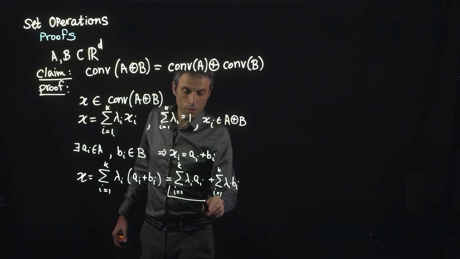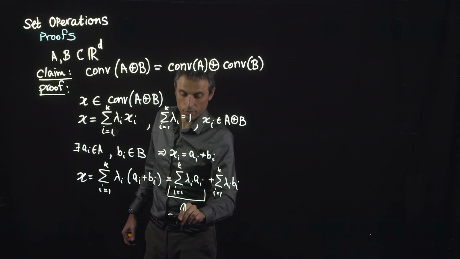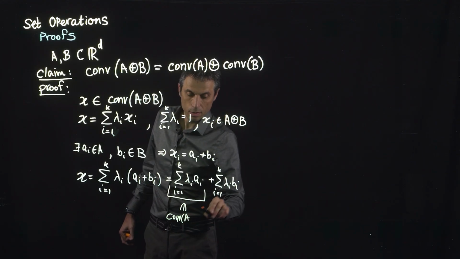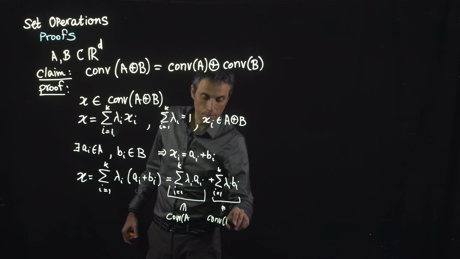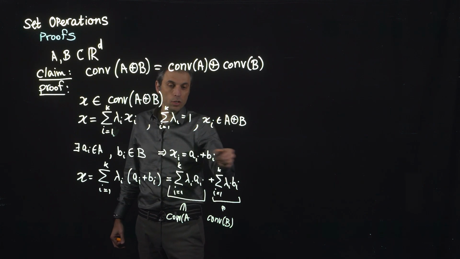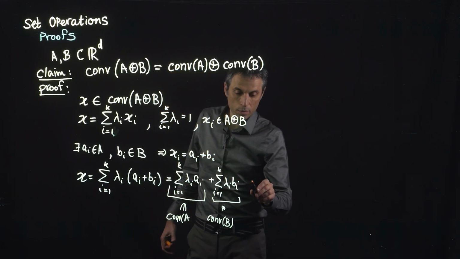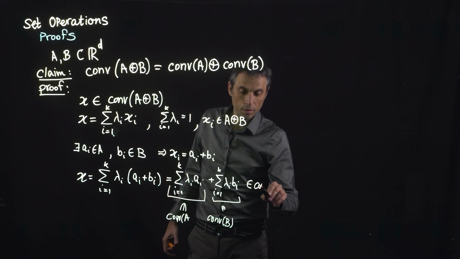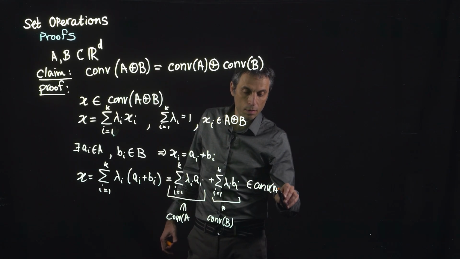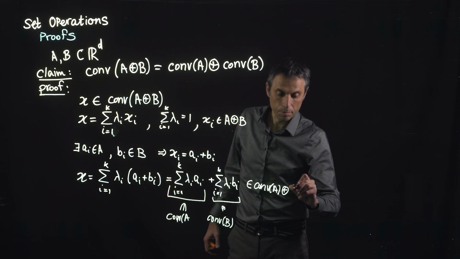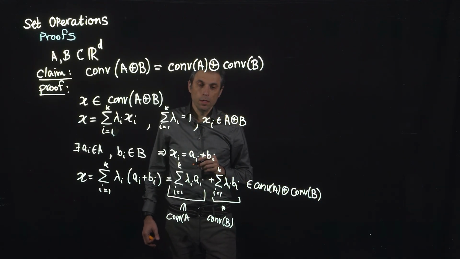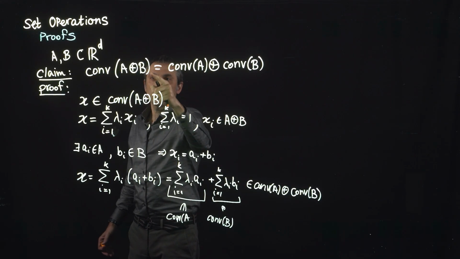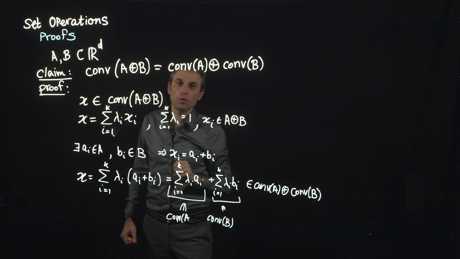And this is a point in conv A, and this is a point in conv B. So the summation is a point in conv A Minkowski sum conv B. Great. So this set is included in the set on the right side.